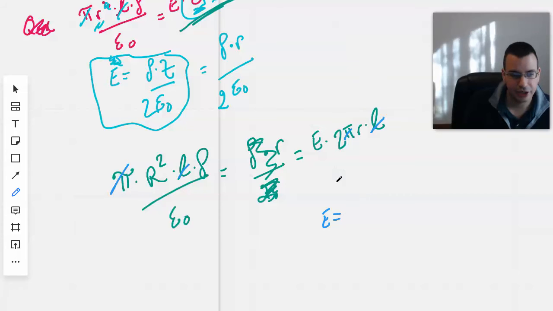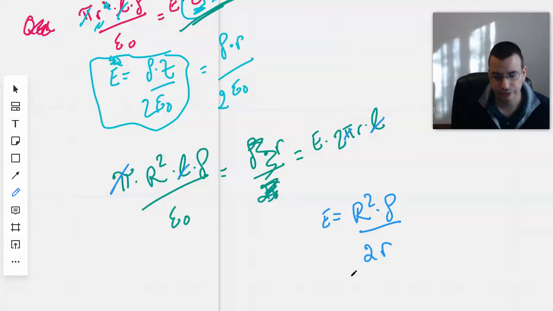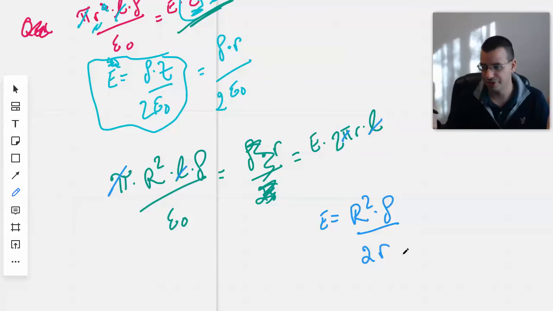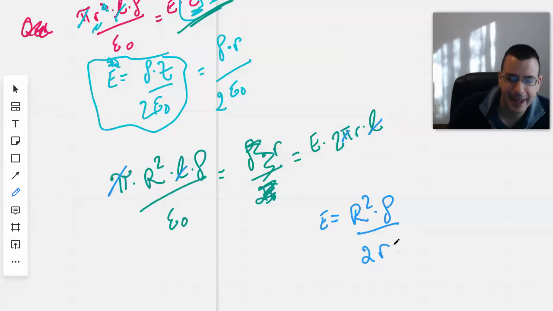Electric field equals R squared times rho over 2 epsilon naught r. And if you look, the units are still the same, because before we had an r on top, but now we have an R squared on top and r on the bottom. Both are measured in meters, distance, so the units still work out.